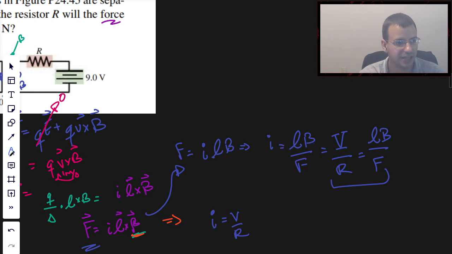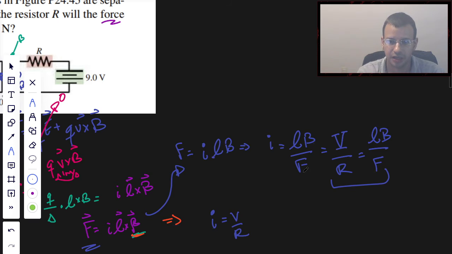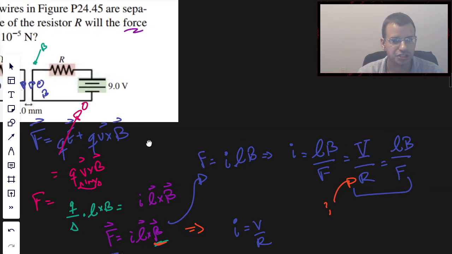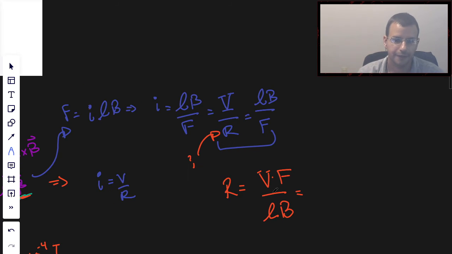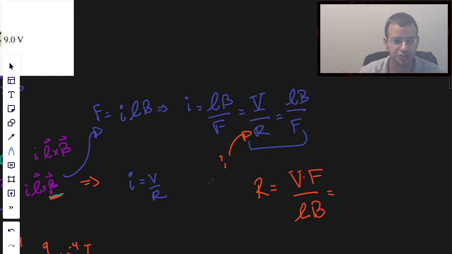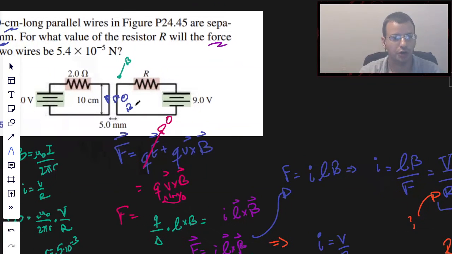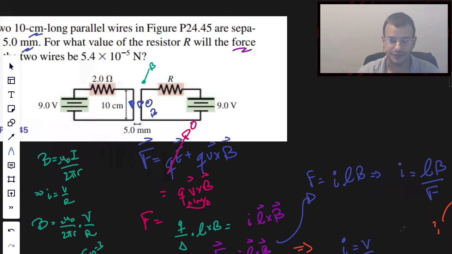I know it's a bit messy. We want to find the resistance R. Rearranging this, hopefully for the last time, resistance equals voltage times length times magnetic field over force. And this voltage here is the voltage of the battery on the right, which also happens to be the same voltage as the battery on the left.